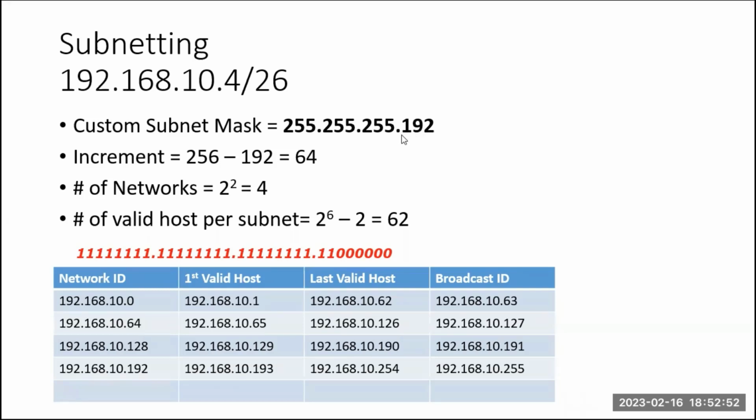I know that these are network IDs; I should have gone over to the first valid host. So if you put this on one machine and 129 on another, if the subnet mask is the /26, then they can't communicate.